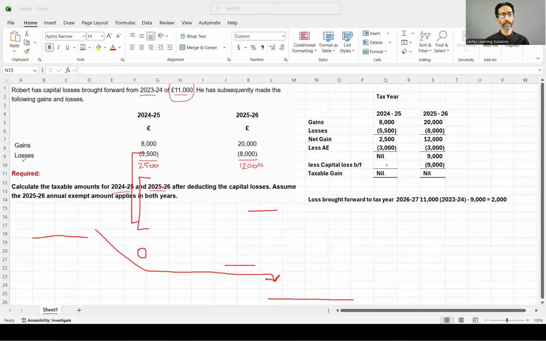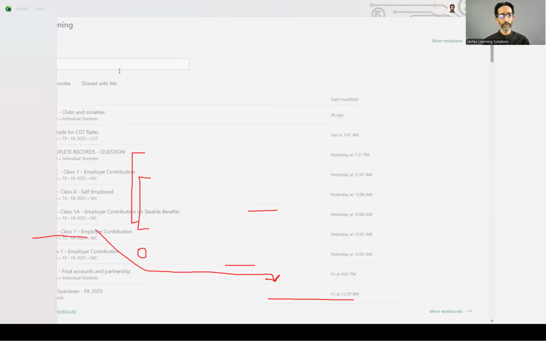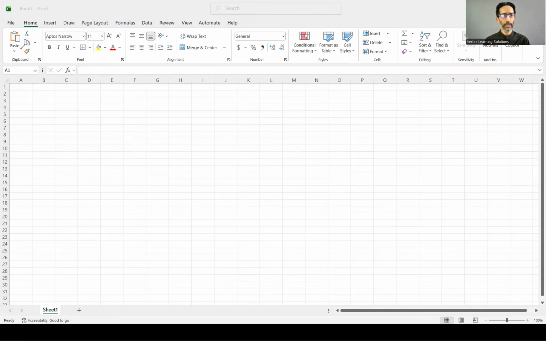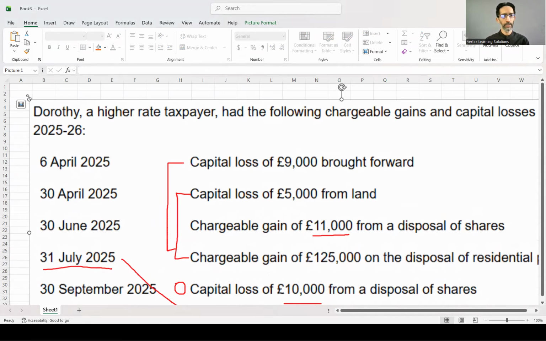So let's start a new sheet right here for the separate example.